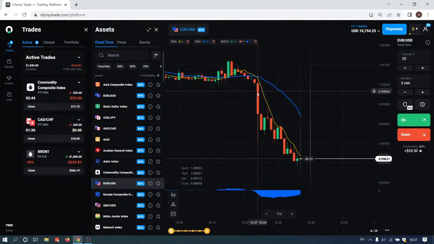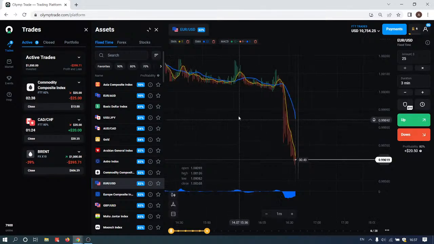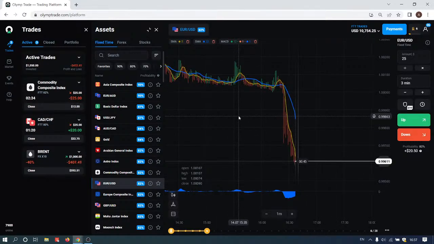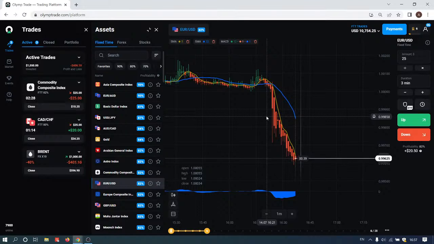Sometimes we have a green candlestick, but the color is red. How far do you think it can drop? Can we drop to 0.9? I think we can. 0.9 would be wow. Maybe we'll see a drop to 0.8. That would be tremendous.